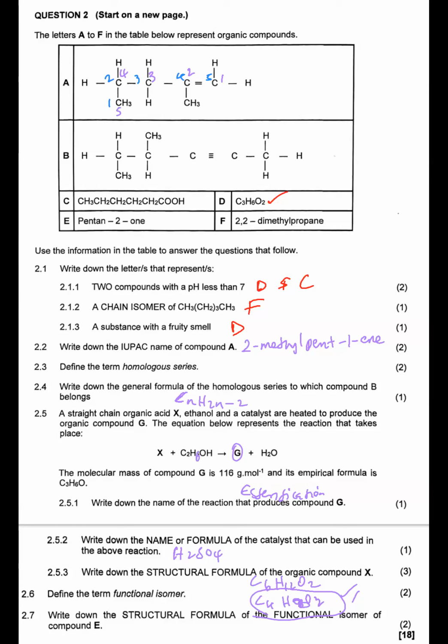Can it be 8? We are saying the molecular formula of G is C6H12O2. So now we have C2 there, right? Meaning that here we're going to have C4, right?